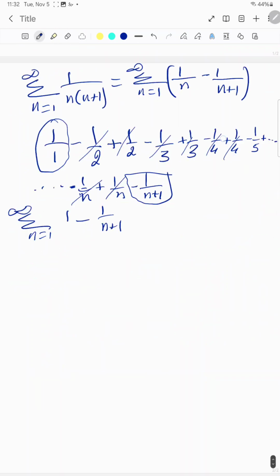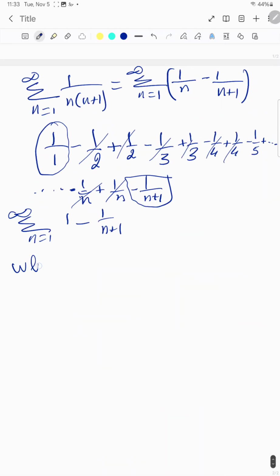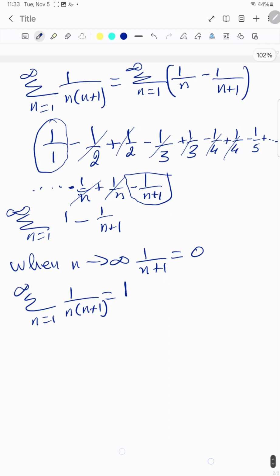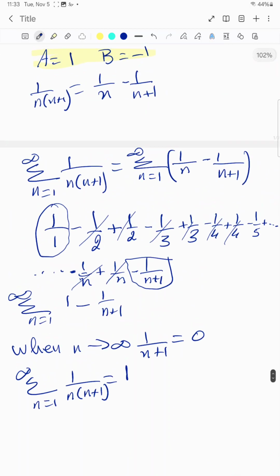So when n goes to infinity, 1 divided by n plus 1 is equal to 0, because 1 divided by infinity is 0. So my sum is equal to 1. That means the series is convergent and the sum is equal to 1.